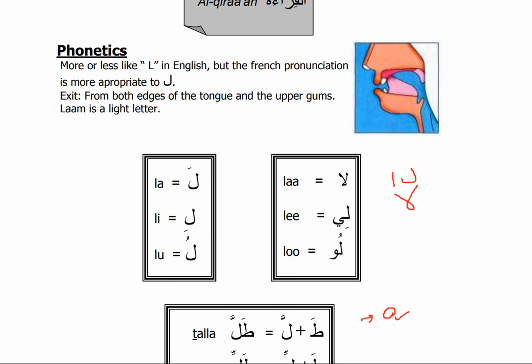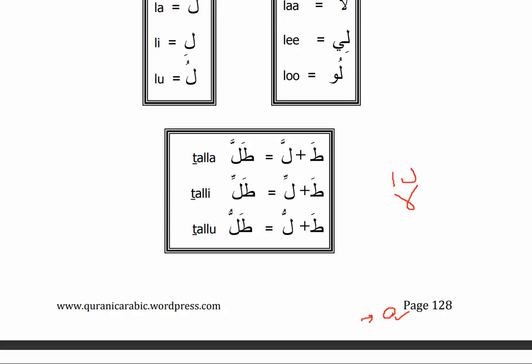So now we will see the lam with shadda and the kasra and the dhamma, all with the shadda. You need to press the tip of the tongue behind your upper incisors and say with shadda, talla, talli and tallu.